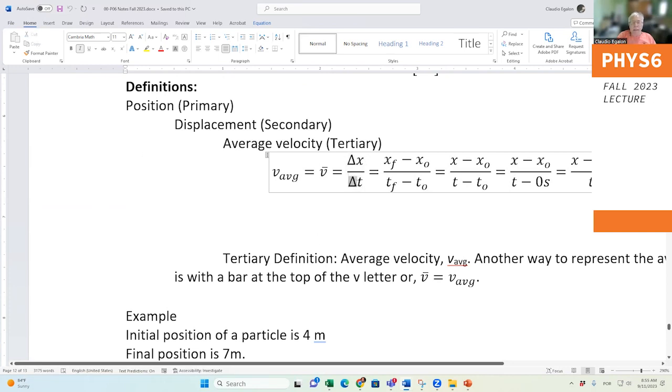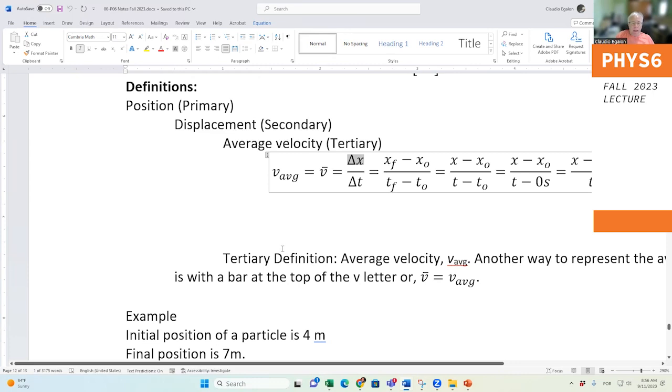That delta t is equal to 0. But if delta t is equal to 0, delta x must be equal to 0 too. And we get this funny number, which is 0 divided by 0. But 0 divided by 0 is not necessarily 0 nor infinity. It can be a finite number.